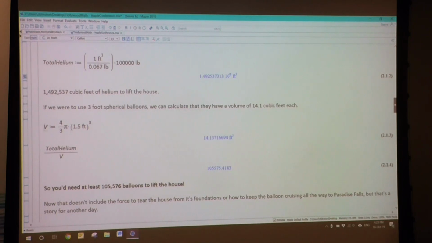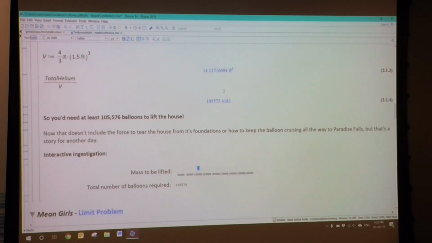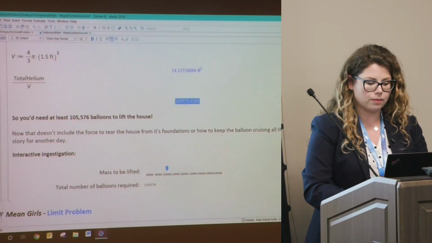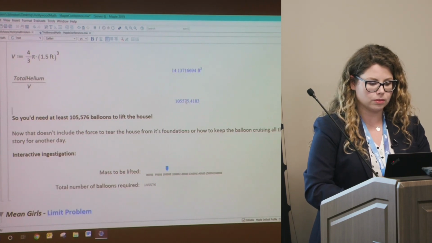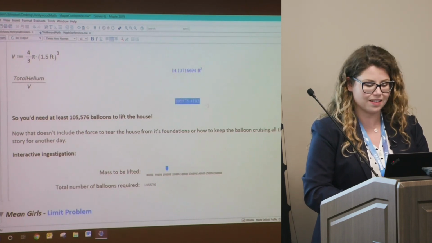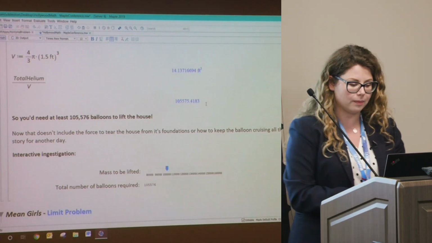If I keep going, we end up with 105,575 point, and so on.